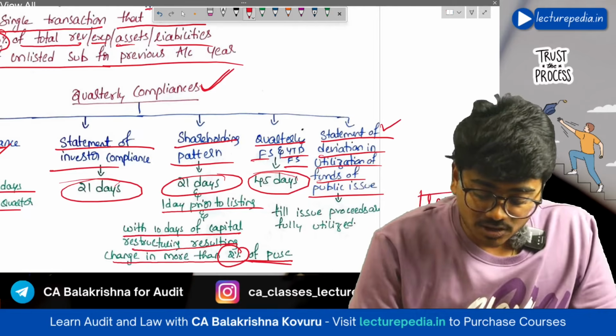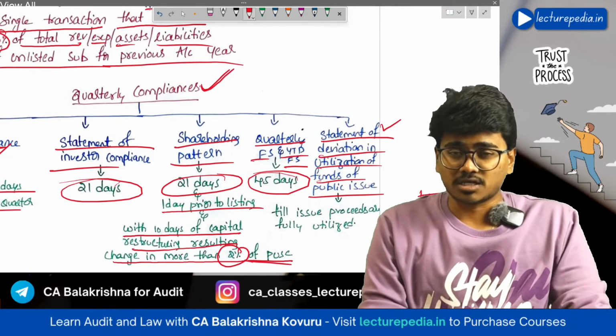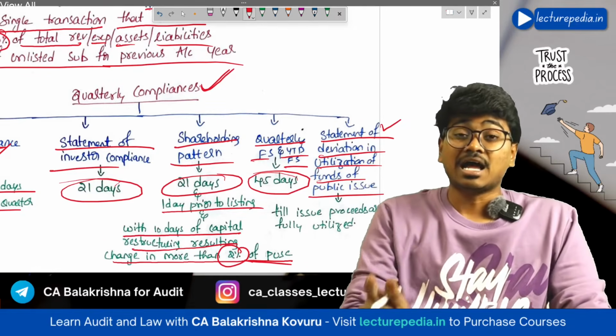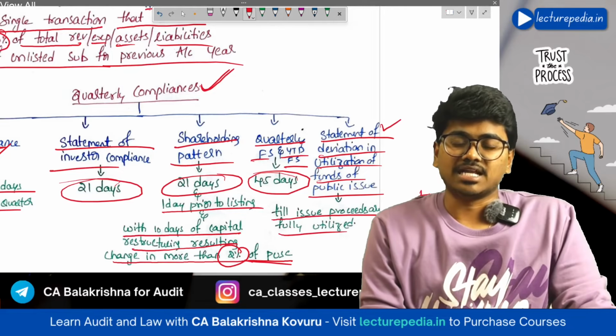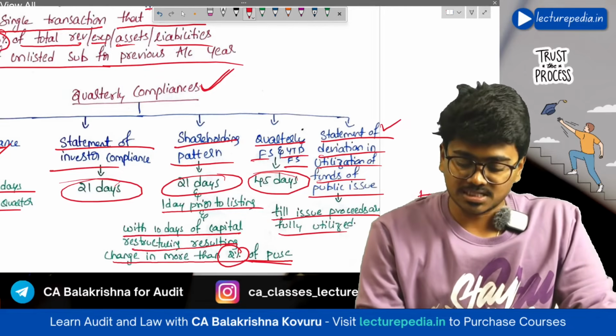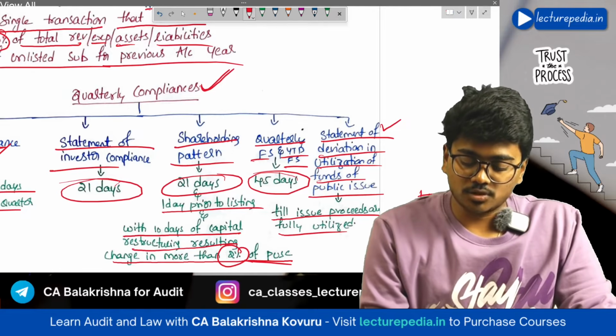A statement of such deviation in utilization of funds should also be submitted to the stock exchange, if there is any such deviation, until the issue proceeds are fully utilized. That means let's say you have raised 1000 crore from the public saying you will utilize it for the factory.